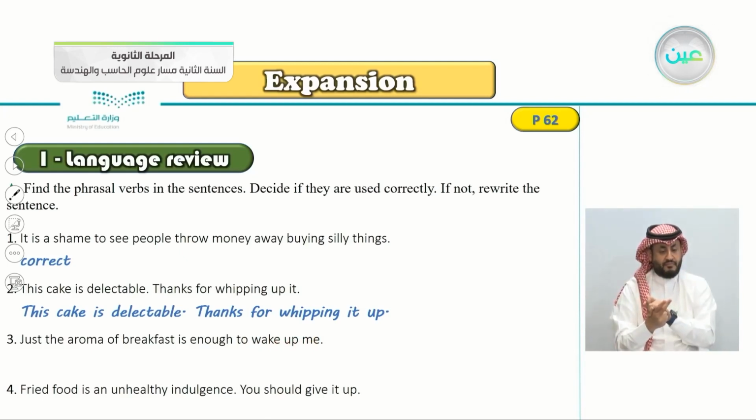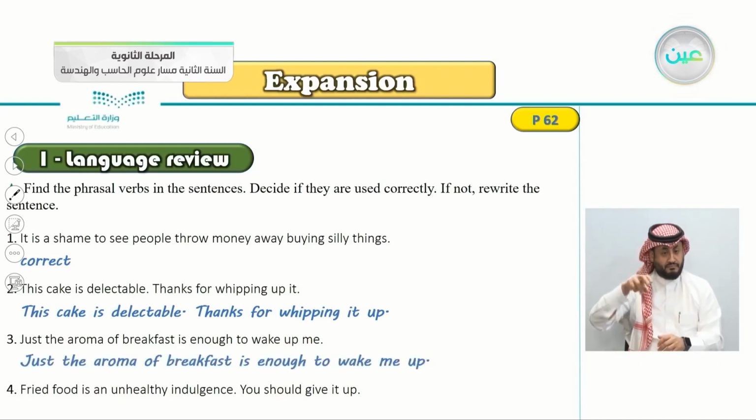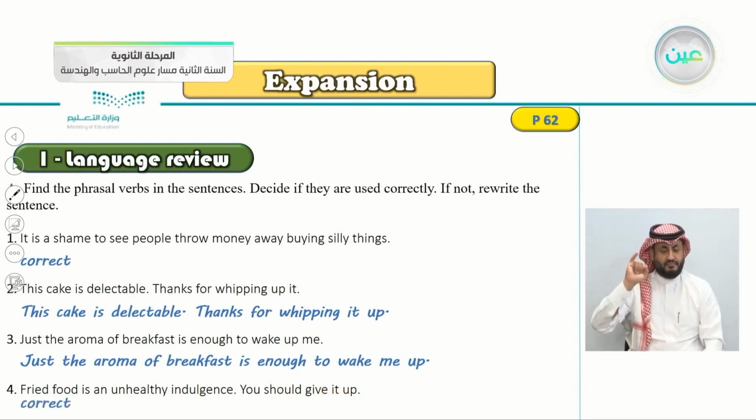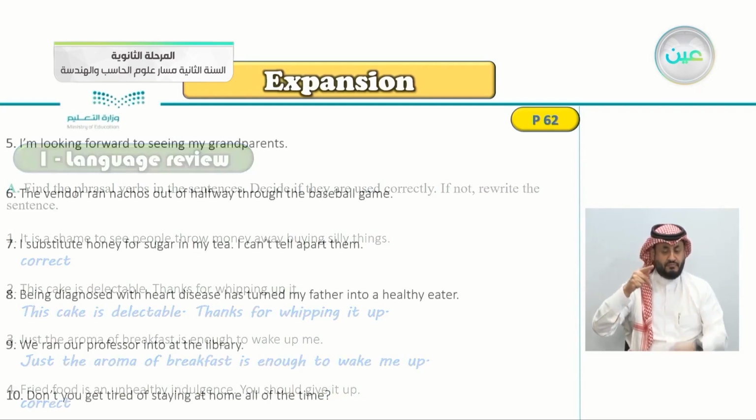Very good. It's incorrect. The correct way is to wake me up. The aroma of breakfast is enough to wake me up. Number 4: Fried food is an unhealthy indulgence. You should give it up. This one is correct.